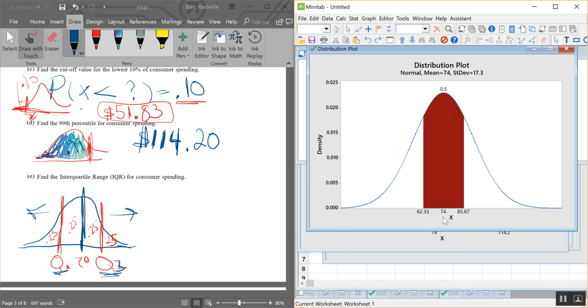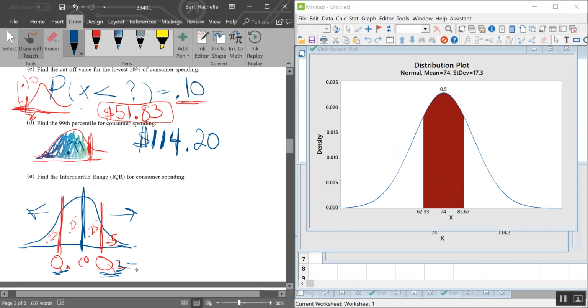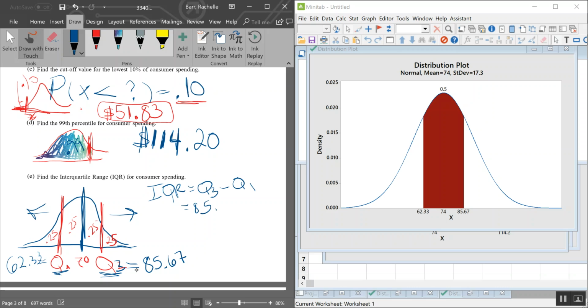Notice by this, Q3 appears to be 85.67. I'm not done yet, by the way. And Q1 is 62.33. To get the IQR, you have to do Q3 minus Q1. So I need to subtract these two. 85.67 minus 62.33.